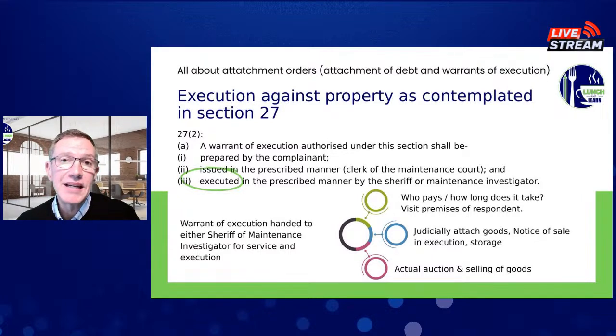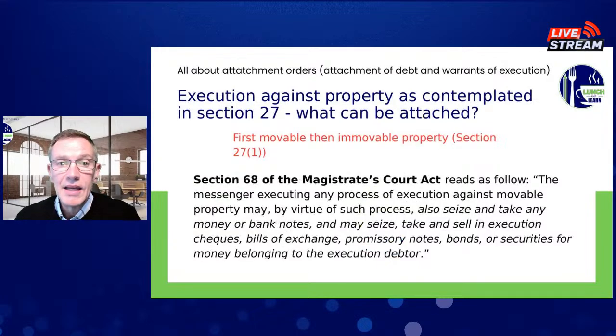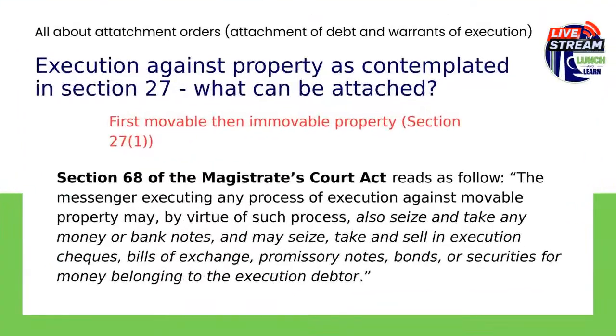It would be advertised, usually placed on the notice boards at courts, stating the next auction dates, and the sheriff would then sell those goods by public auction and give you the proceeds of the auction after he has deducted his costs for the execution.